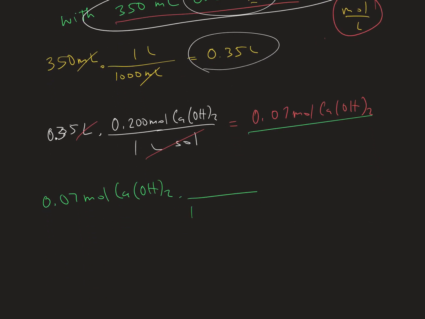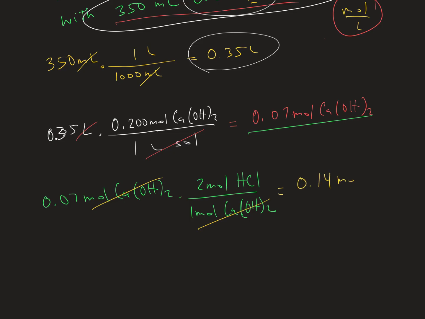So 1 mole of calcium hydroxide goes on the bottom so that they cancel, to 2 moles of HCl. And I get 0.14 moles of HCl. Is this what I'm looking for? No, so I keep going.